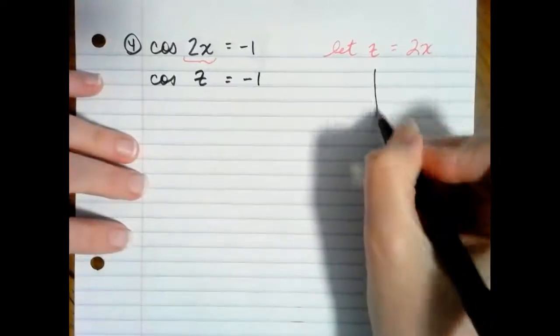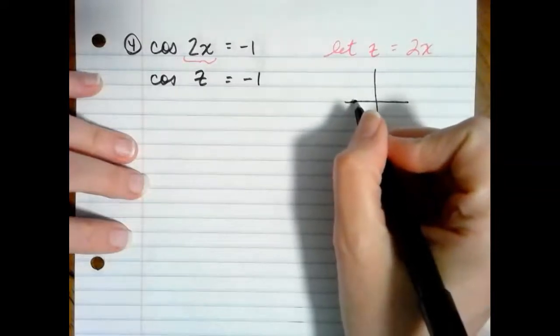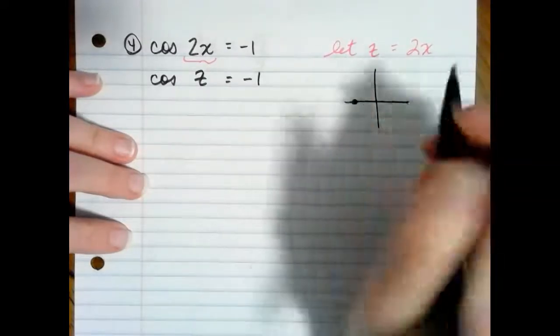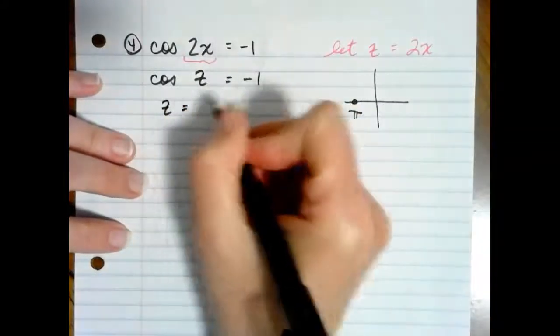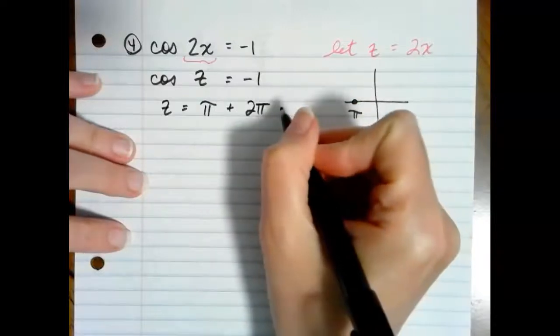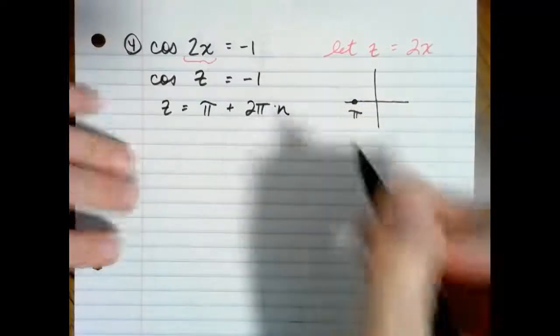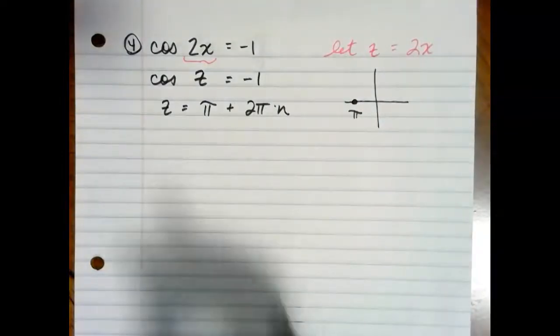So think about the unit circle and cosine equals -1. Cosine equals -1 only over here at pi. So z equals pi plus 2 pi times n, n representing a complete revolution.